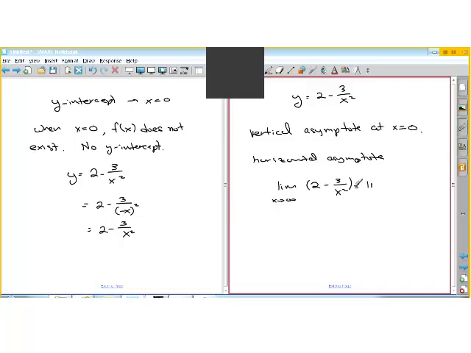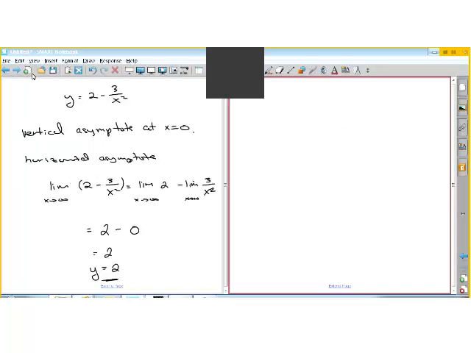That is the same as the limit as x goes to infinity of 2 minus the limit as x goes to infinity of 3 over x squared. Well, the limit of the first part is just 2, and the second part is 0. You get 3 over a very big number, it goes to 0, so the answer is 2. And you can see if I put negative infinity, it would be the same answer. So the horizontal asymptote is y equals 2.